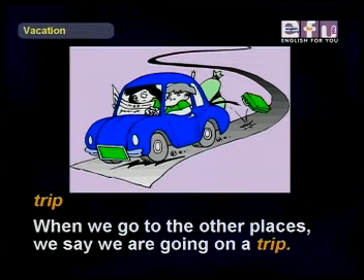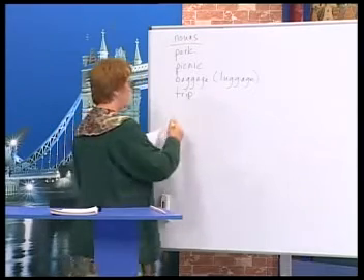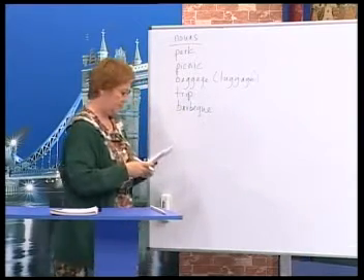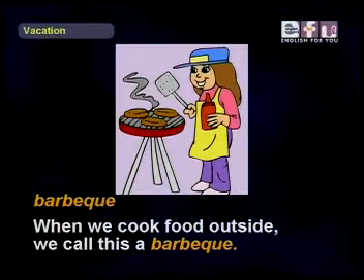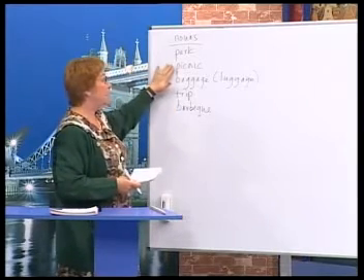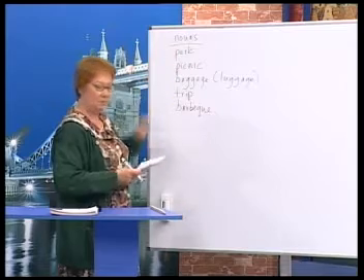When we go to other places, we say we are going on a trip. Okay? Finally, next we have barbecue. When we cook food outside, we call this a barbecue. So maybe we have a barbecue at our house or a barbecue at a picnic in a park.